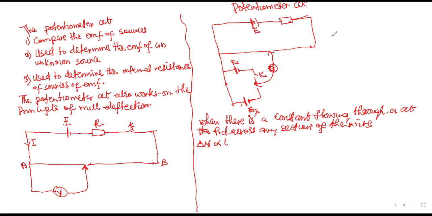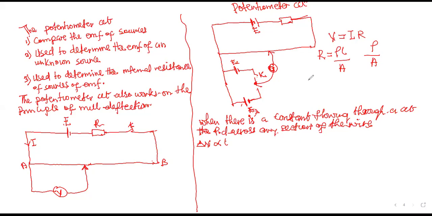So you see, V is equal to I times R. Since this is a conductor, resistance of a conductor is equal to the resistivity times the length divided by the cross-sectional area. Now, rho and A, for the same wire, are constants.